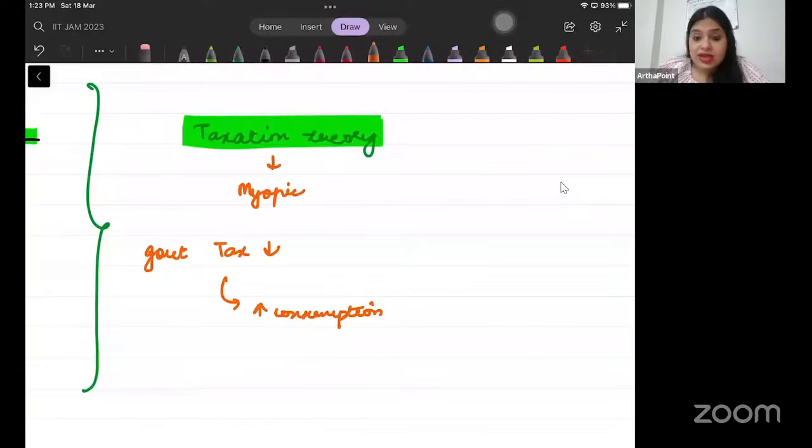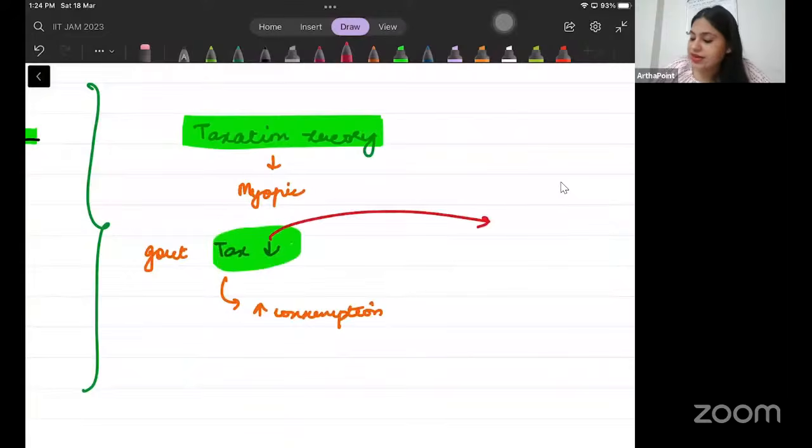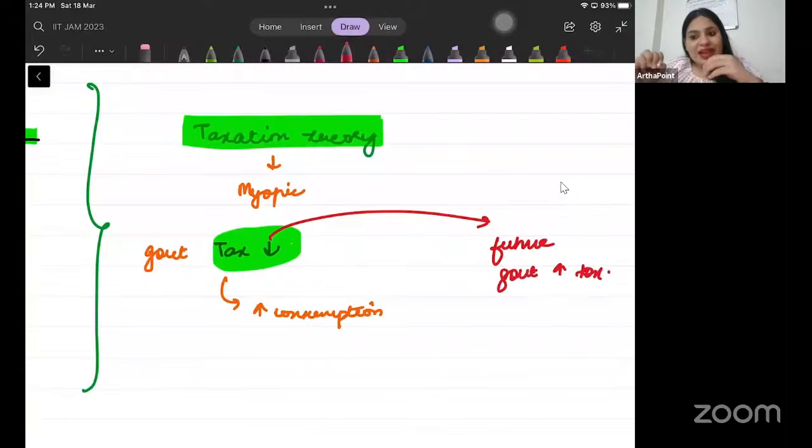People realize that if you have to pay less tax today, then this means that in the future, government will increase their taxation definitely. This is a theory which says that less tax today must be accompanied by higher tax in the future. But people don't care about that. A lot of people are myopic.